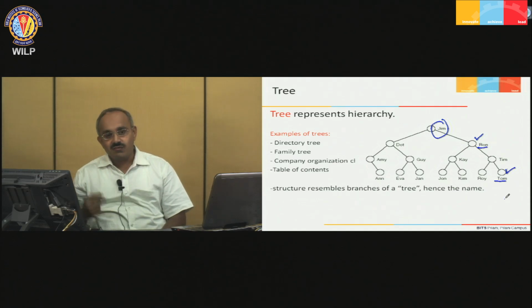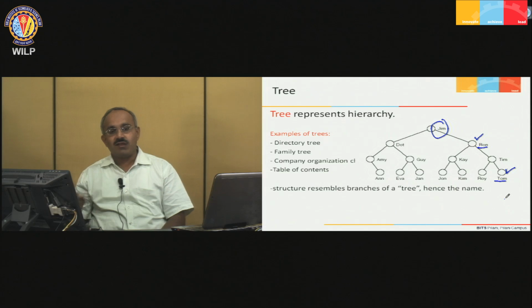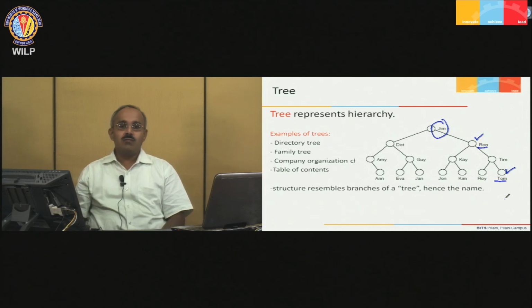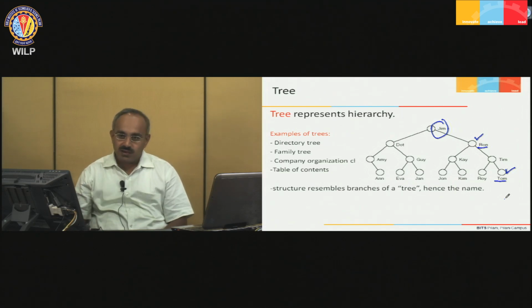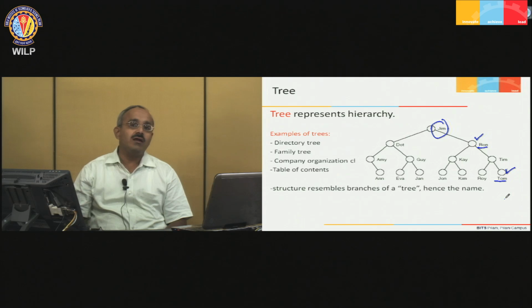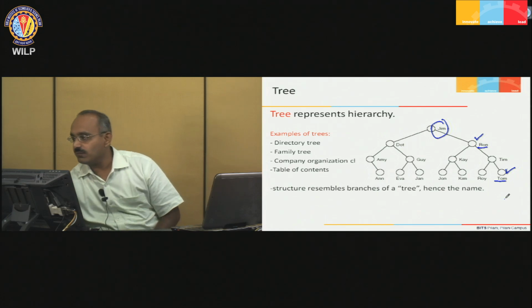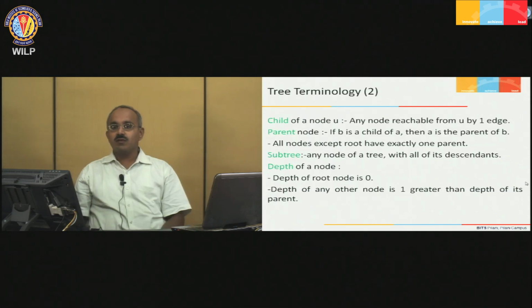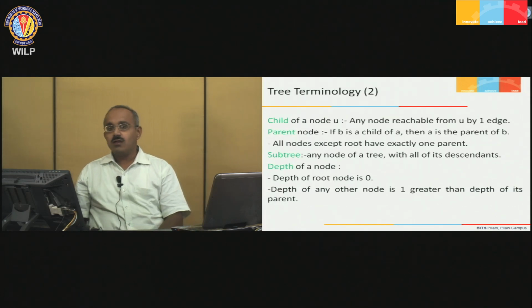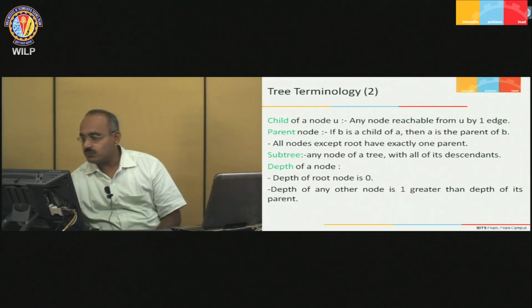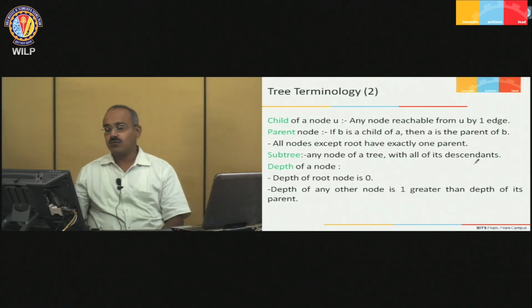As we use in a family tree, the understanding of ancestor and descendant will be carried over to a general tree. Like parent and child, we are also going to carry the ancestor and descendant terminology from our general understanding of family trees to trees in general. Now, a subtree rooted at a particular node of a tree, along with all its descendants, will be called a subtree.